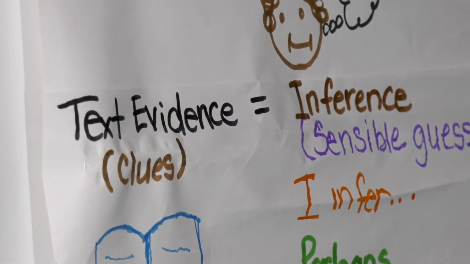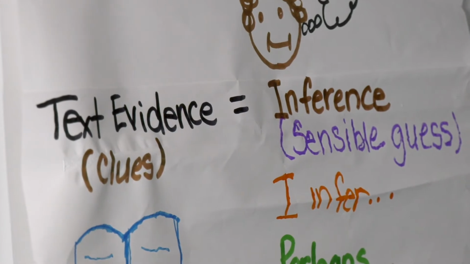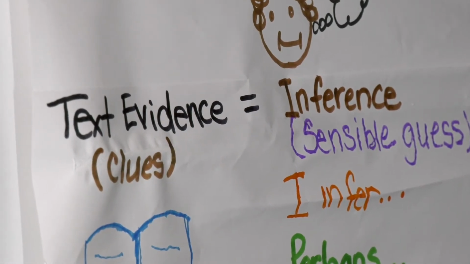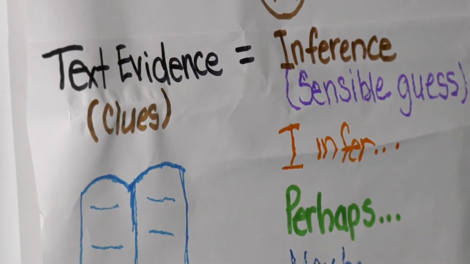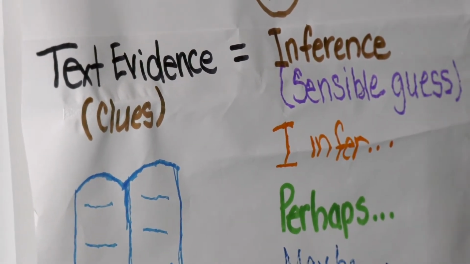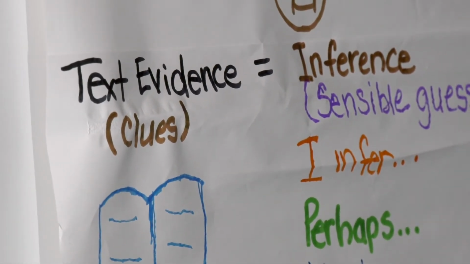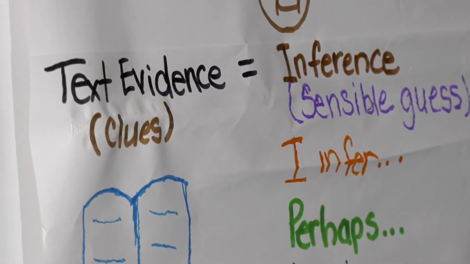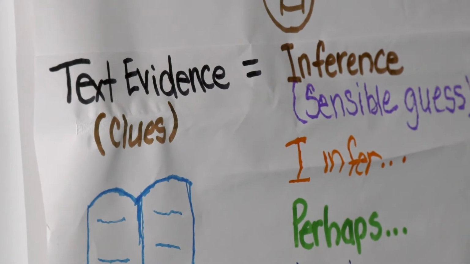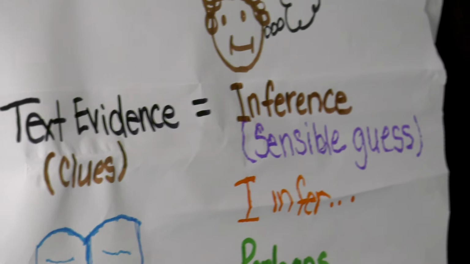So when I think about what I know about the wind and storms, when we see those things happening, we automatically know that it's getting ready to rain or be a major storm. So that equals your inference that it's getting ready to storm. You were able to solve that guess based on the clues I gave you in the story and on what you already knew about those types of events happening before bad weather appears.